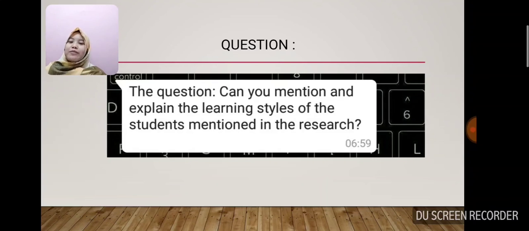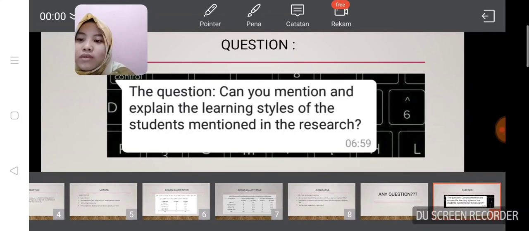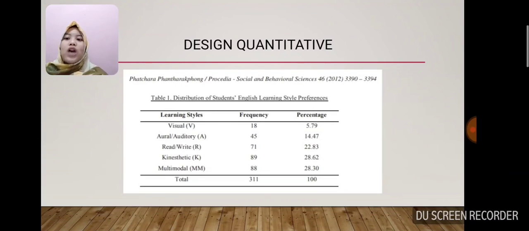As we can see before, we have five learning styles. First, visual, oral or auditory, read or write, kinesthetic, and multimodal. Visual means students need to see something to understand more easily. Auditory or oral means students prefer to listen to the teacher speak well and clearly.